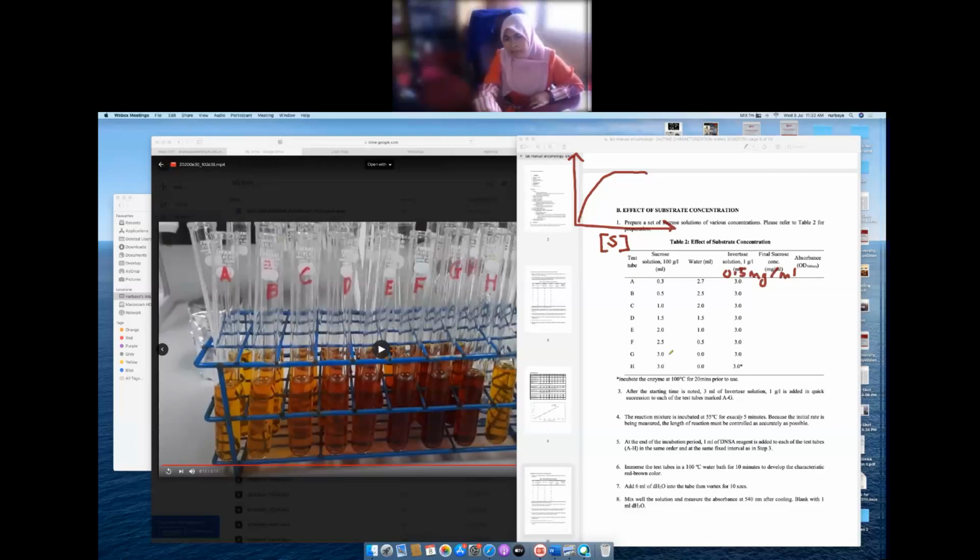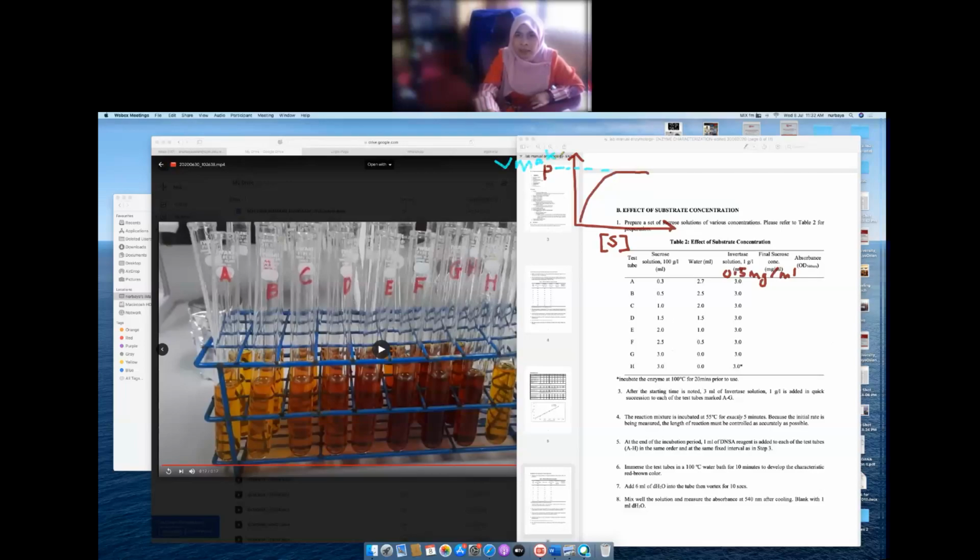And the P here is the product. What we can observe here is the Vmax. This side we can call Vmax.